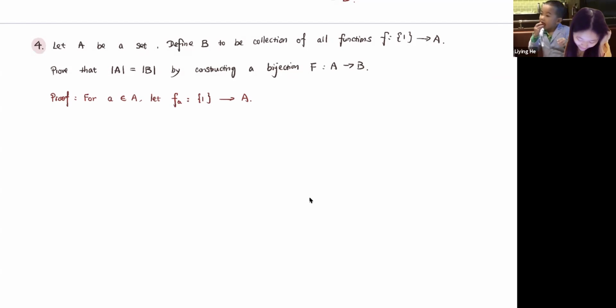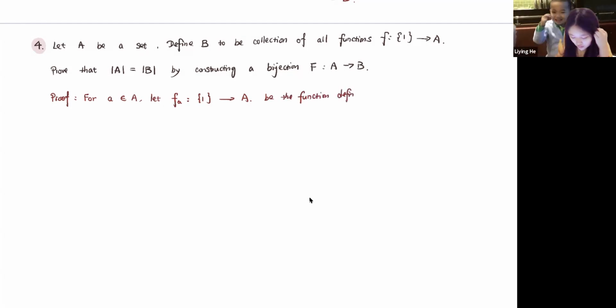So I pick an element from A, and this function maps from 1 to a. So basically, you can only map 1 to this a. We call this f_a. Let f_a be the function defined by f_a of 1 equals a, because the domain is just 1, so you can only map 1 to a.